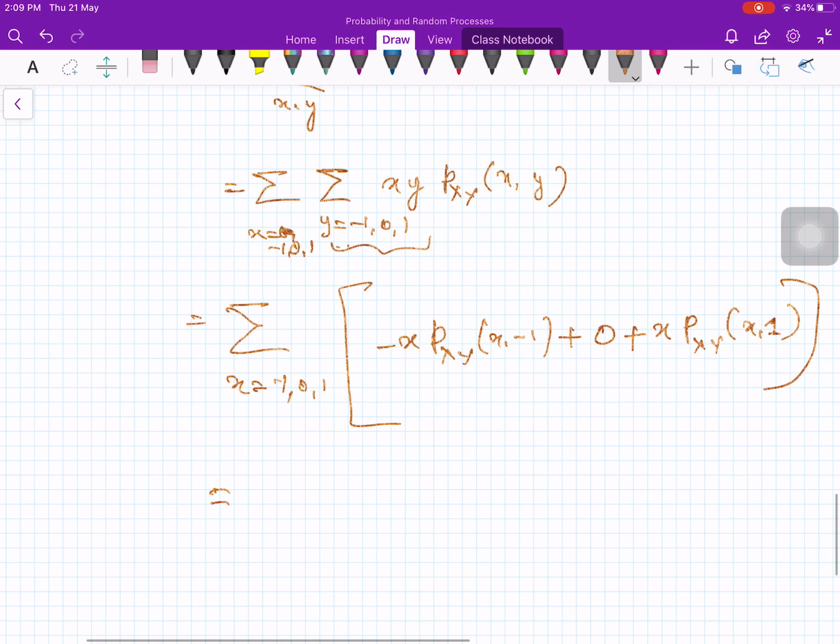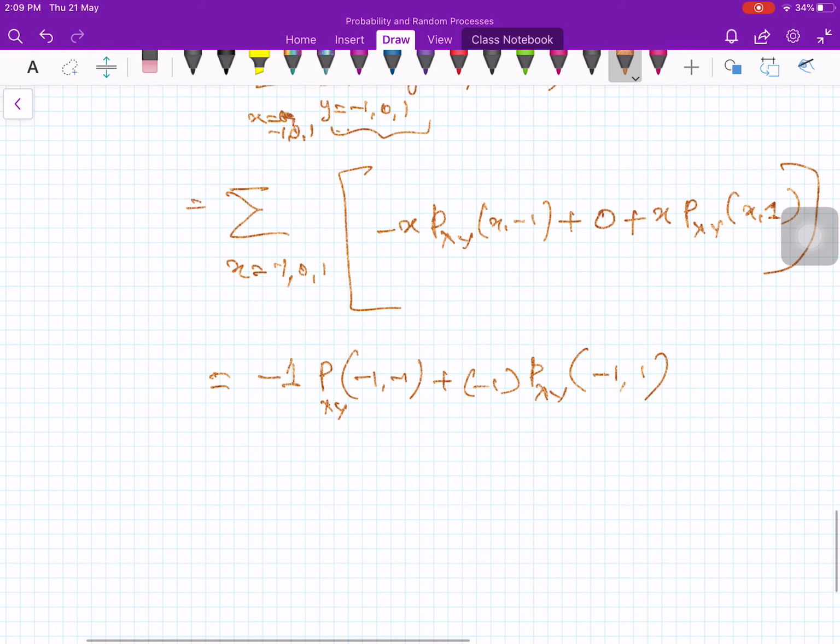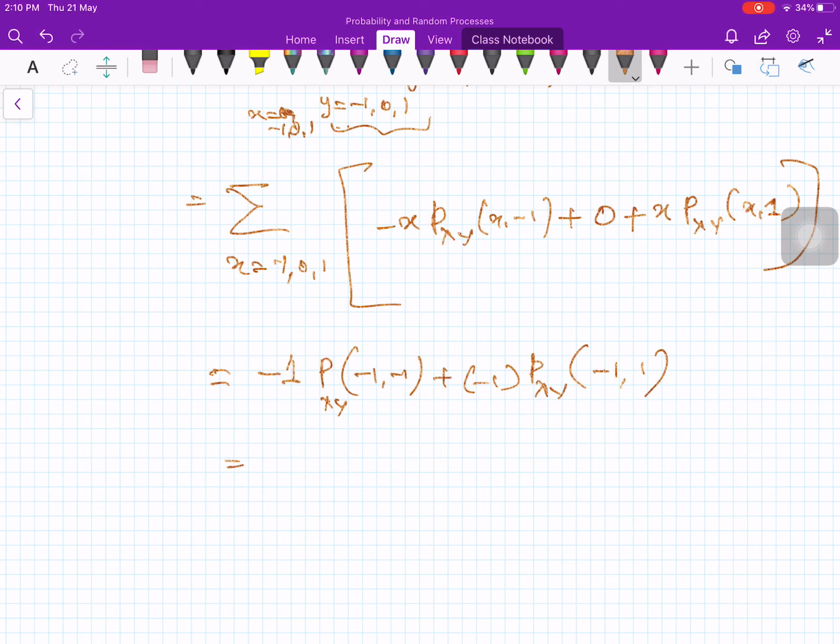Let me substitute x equal to -1 first. -1 times pXY(-1, -1), this is xy, plus -1 times pXY(-1, 1). Then when x equal to 0, then 0 plus 0. When x equal to 1, then 1 times pXY(1, -1), then 1 times pXY(1, 1).